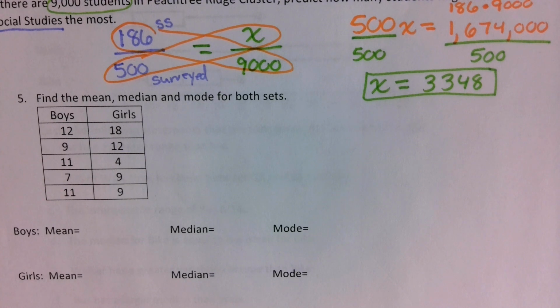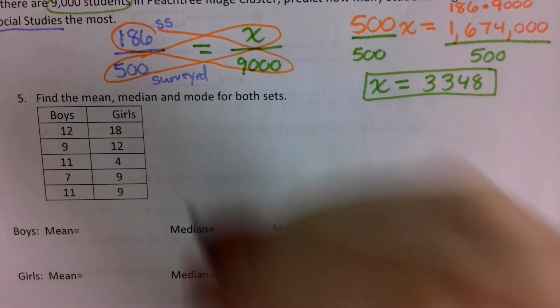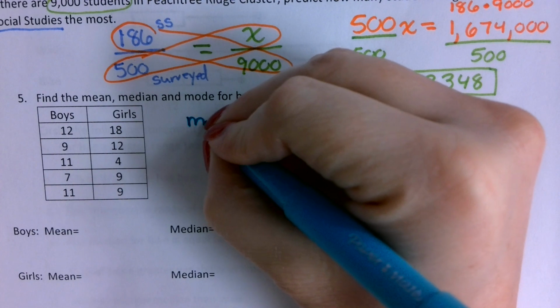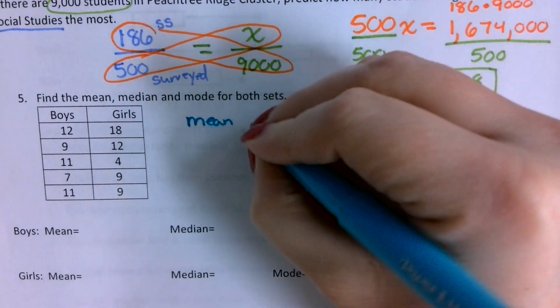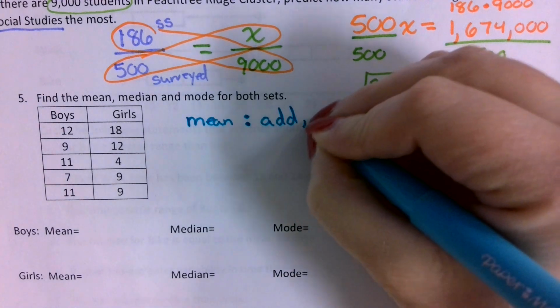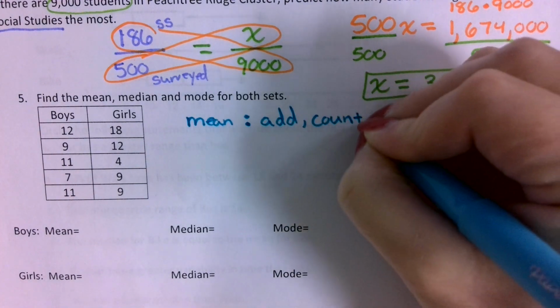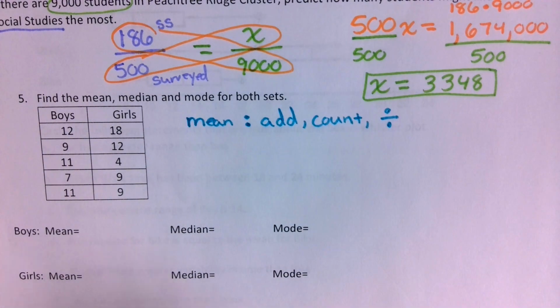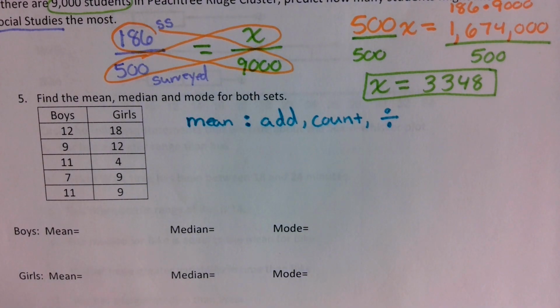We don't have to do that for mean. Very good. You add all the numbers and divide by how many there are. Write that down again as a reminder. Mean. You're going to add. You're going to count. You're going to divide. For mean, you just add, you count, you divide.